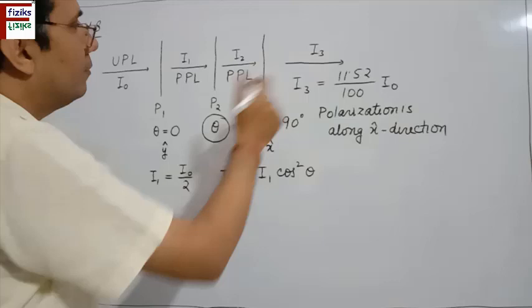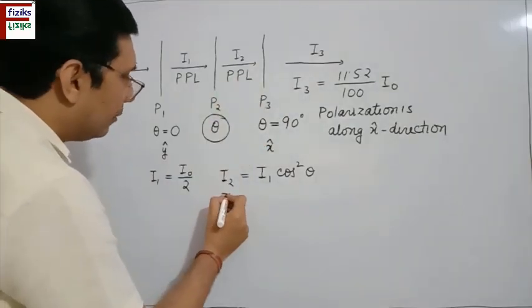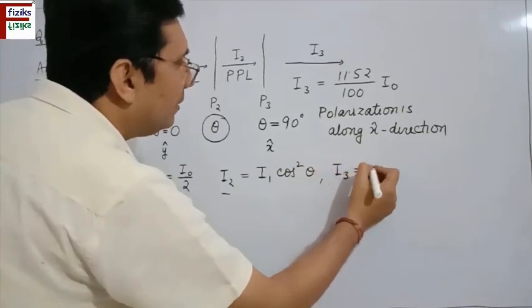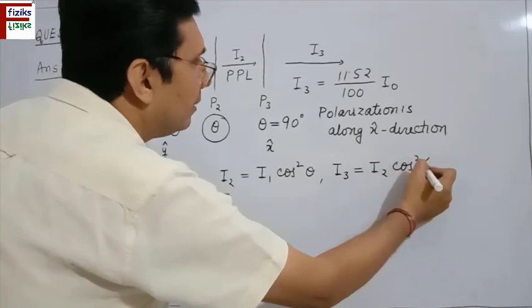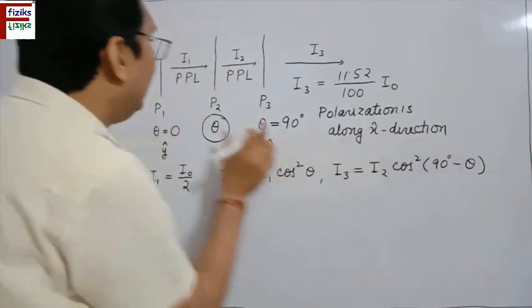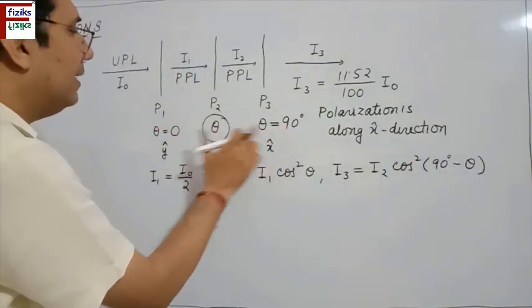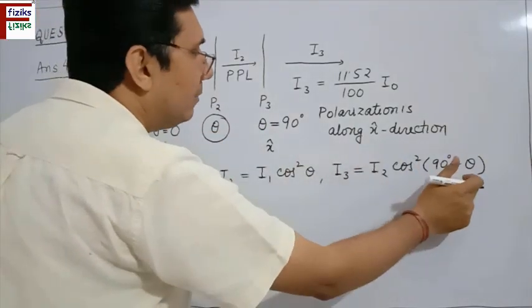When it comes out, its intensity will become I3. I3 will be equal to I2 cos square of 90 degrees minus theta. What is the angular difference between the pass axes of P3 and P2? This is 90 minus theta, so cos square 90 minus theta.